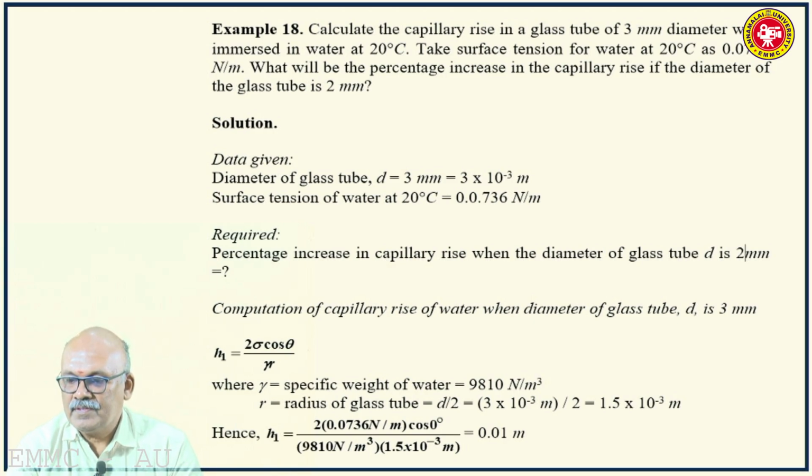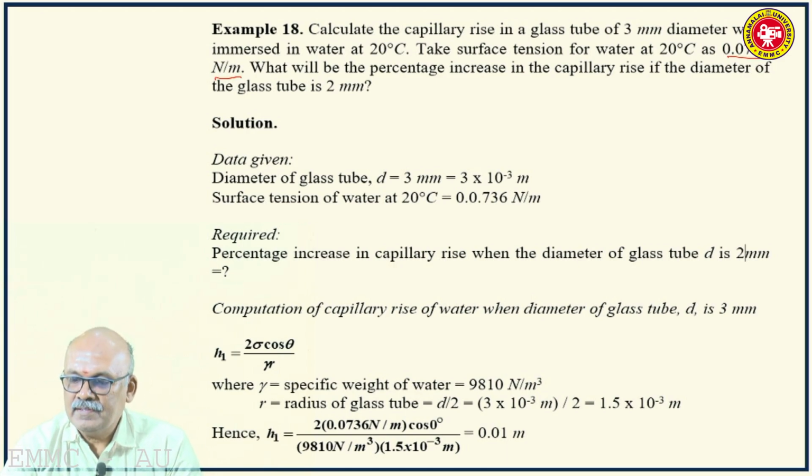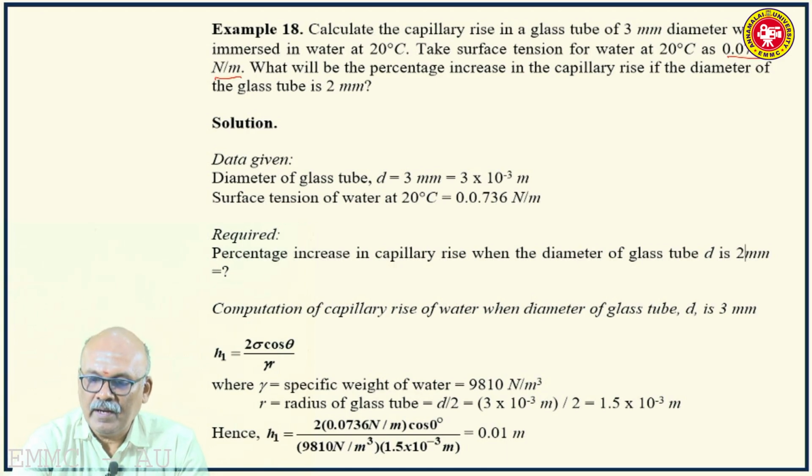Take surface tension for water at 20 degrees centigrade as 0.0736 Newton per meter. What will be the percentage increase in the capillary rise if the diameter of the glass tube is 2 millimeters? Before we proceed with the solution, let us summarize what we discussed on surface tension and capillarity in the previous module, that is module 7.